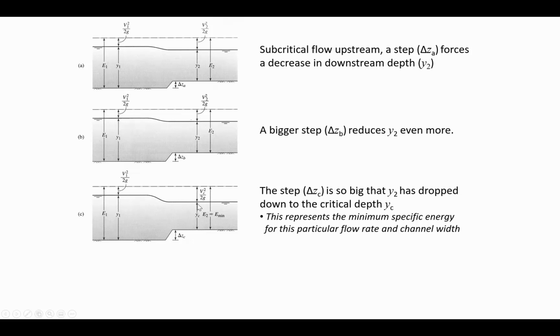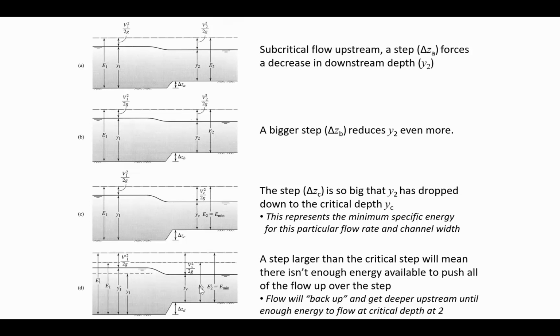And I told you this idea that the minimum specific energy is associated with the critical depth, where you've got critical conditions. That's the minimum specific energy that can convey a certain amount of flow. It's the most efficient depth, the critical depth. You can get the most flow through with the least amount of specific energy when conditions are critical.